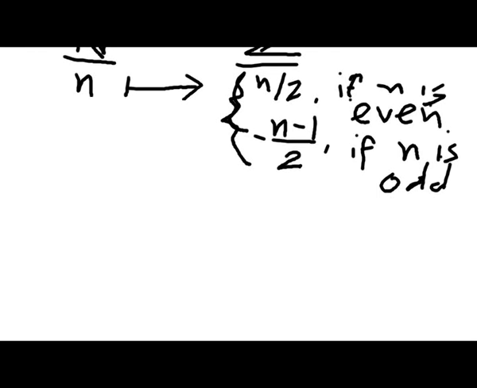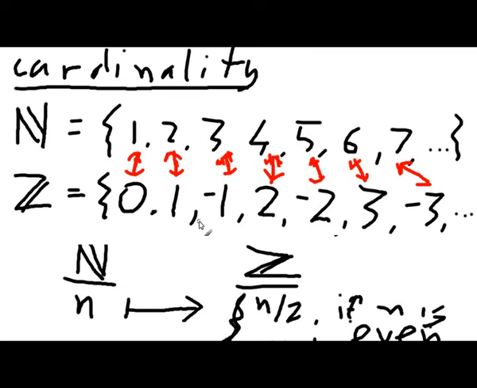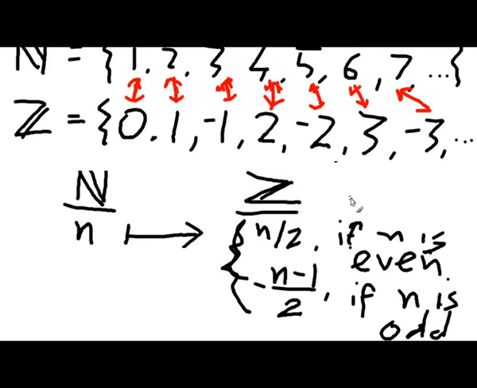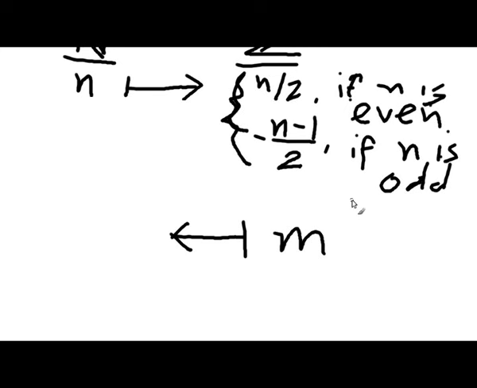Likewise, if I have m in the set of integers, then that will pair up with a natural number, and depending on whether the m in the integer is positive or non-positive, it will pair up with an even or an odd element, right? So the easiest one is if m is positive. So let's write that down.